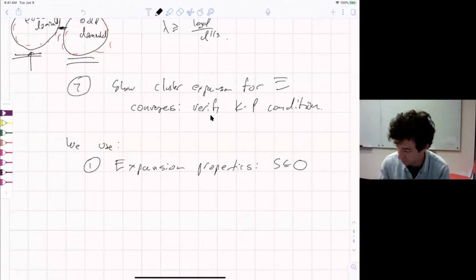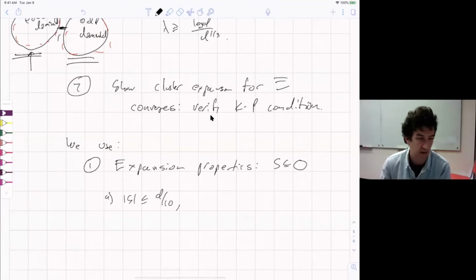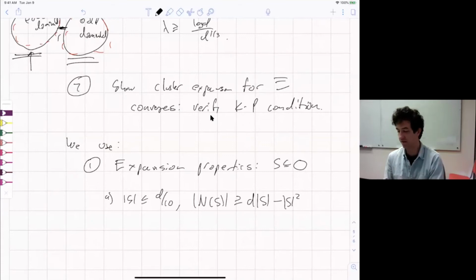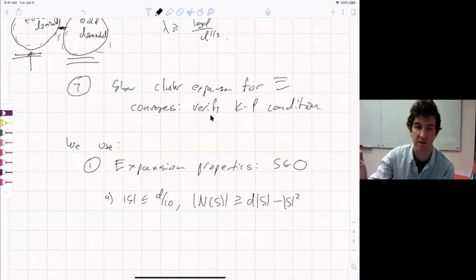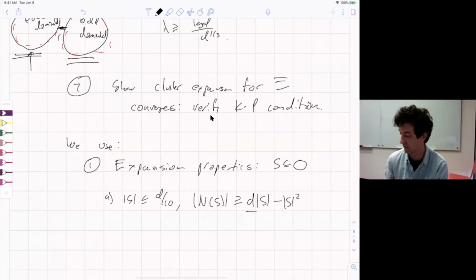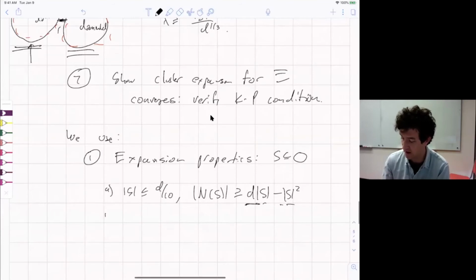And so we have A: if the size of S is at most something like d over 10, then the size of the neighborhood is at least (1 - small error) times d times the size of S. Okay, so if S is small, then the number of neighbors of this set of odd vertices, well, all the neighbors are even, is essentially d times the size of S with some small error. Okay. So that's for very small sets.